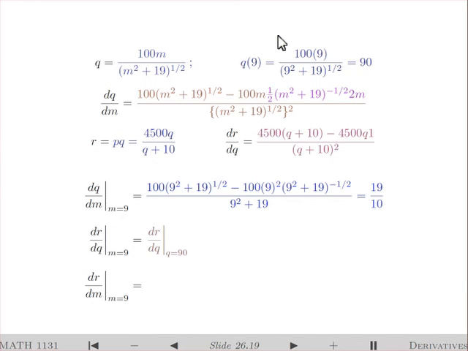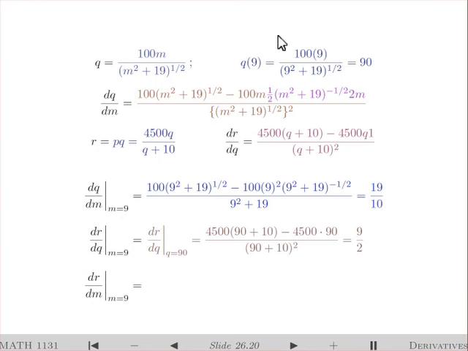So we are using the fact that substituting a number and then evaluating the outside function is the same as evaluating the composition at the given number. This just avoids having very long and complicated expressions to work with. Now plug in 90 for Q in the marginal revenue, dR over dQ.